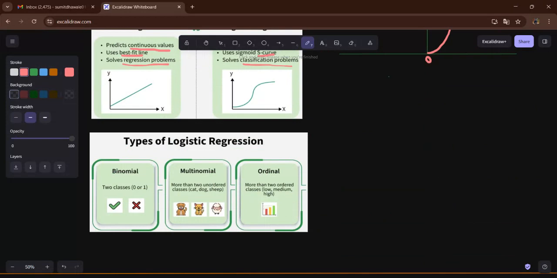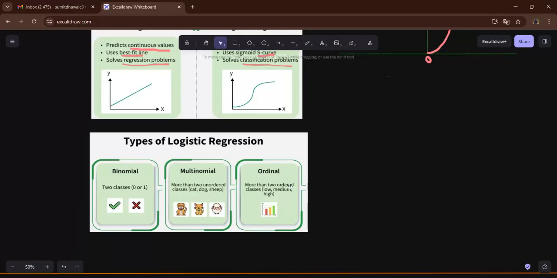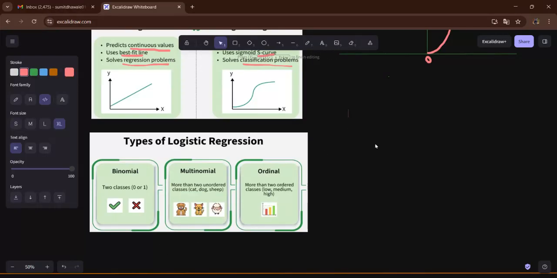Now let's look at the types of logistic regression. We have seen only the binary classification, 0 1, spam not spam.